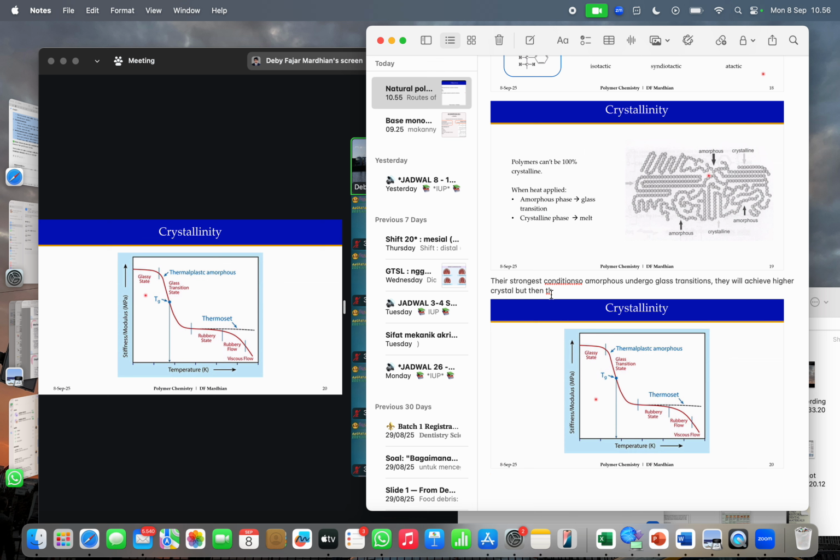When we have higher crystallinity, we have higher stiffness or Young's modulus, or modulus of elasticity, meaning they require higher load to be broken down. And to reduce their strength, heat is sometimes applied, and then they will undergo glass transition and then melt.